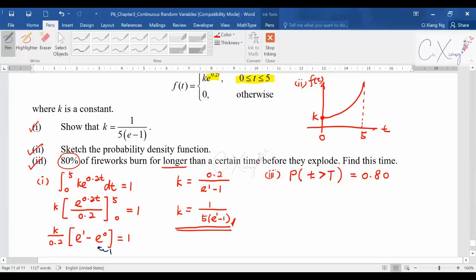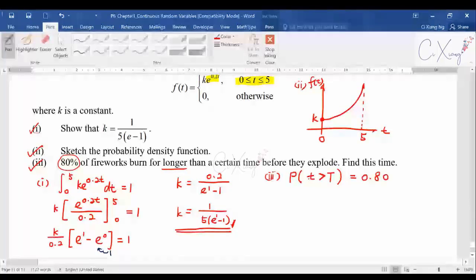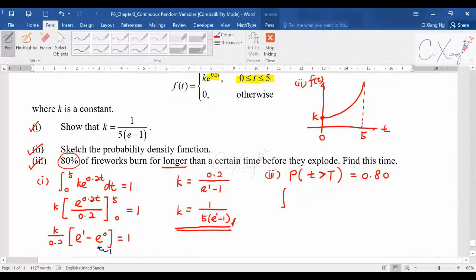Now how to find out the probability for T greater than t? Again, you need to do the integration, starting from t, the lower limit, until the highest limit 5. The function that you have is k e^0.2t, and it is equal to 0.8.